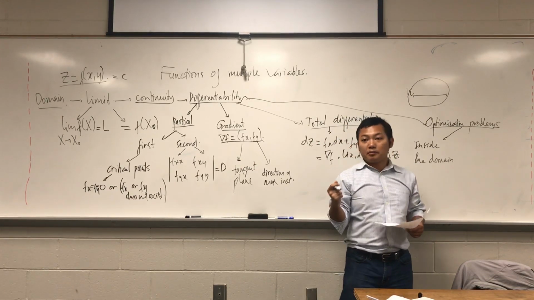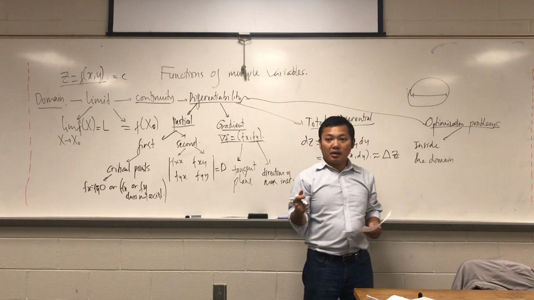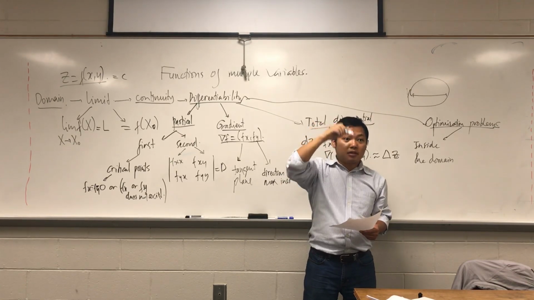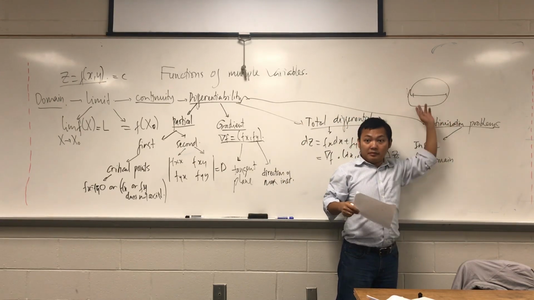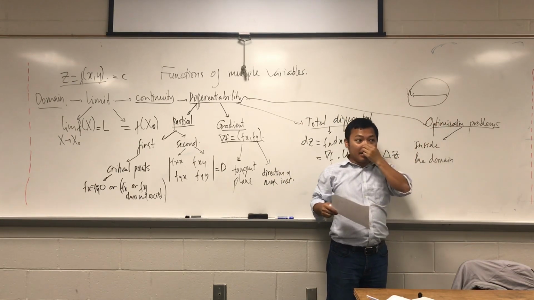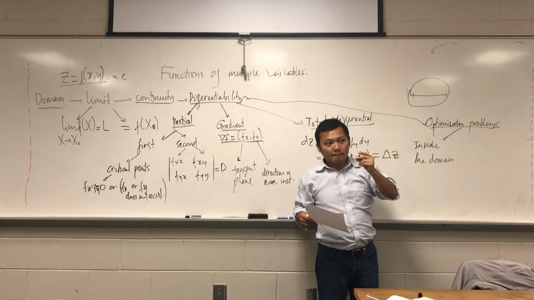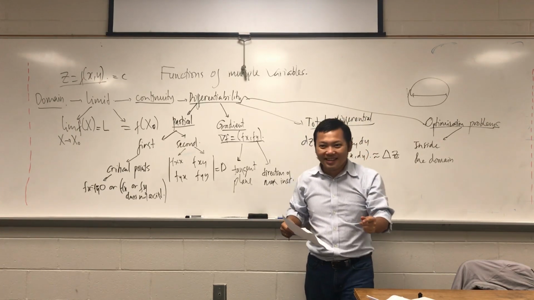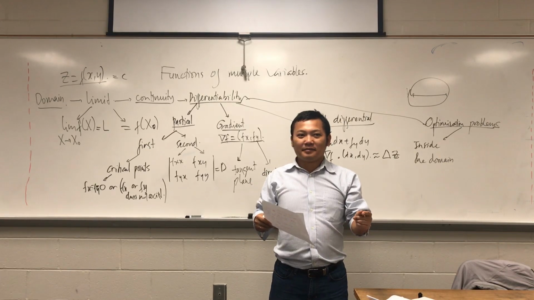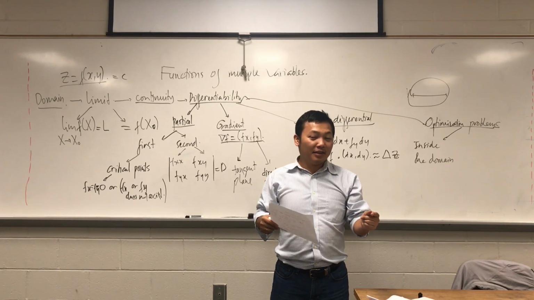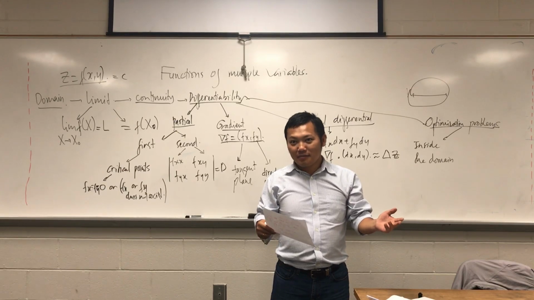If you have that problem, how do you optimize your function with some constraints? This is called a constraint because we consider only points on this curve. Make sense? So in that case, you have to use Lagrange multipliers.